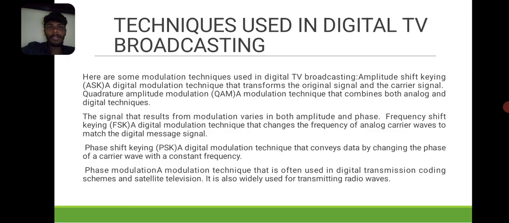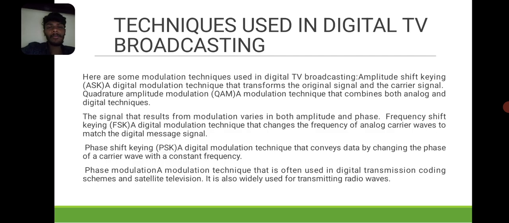Amplitude shift keying, a digital modulation technique that transforms the original signal and the carrier signal. Quadrature amplitude modulation, a modulation technique that combines both analog and digital techniques. The signal that results from modulation varies in both amplitude and phase.